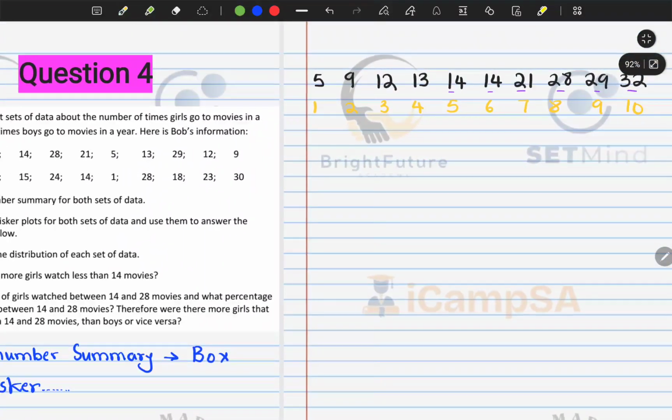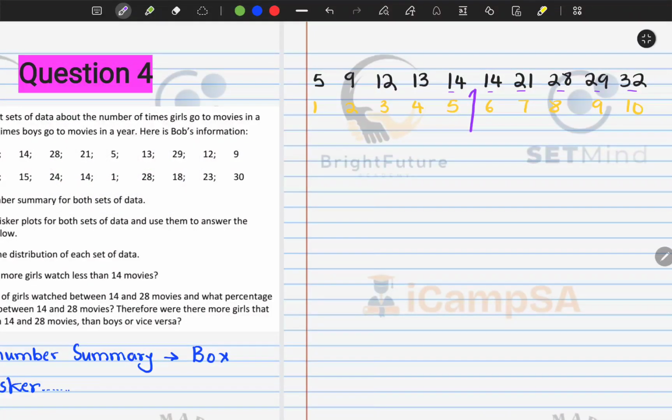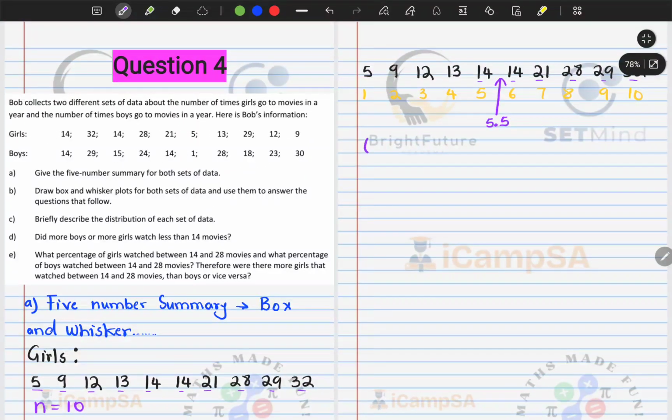Okay. So 5.5 is in between here. So that is where 5.5 is sitting. So this means in order for us to get our Q2, we just need to add the two numbers, 14 plus 14 divided by 2, and that will give us 14. Okay. So that is what we end up getting.